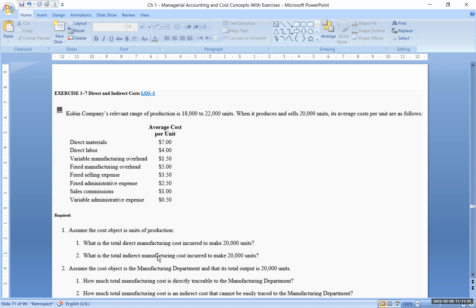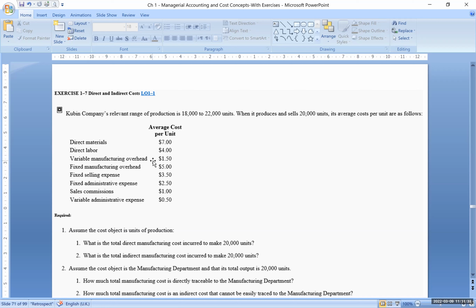We will start from the variable manufacturing overhead, which is $1.5, fixed manufacturing overhead, $5, and that's all. Why? Because the others, the selling, administrative, sales commission, variable administrative, all of these are non-manufacturing.